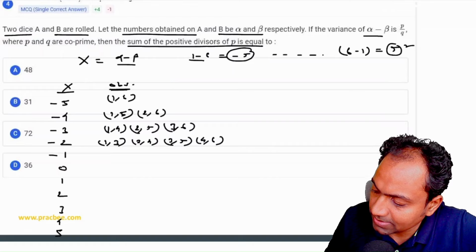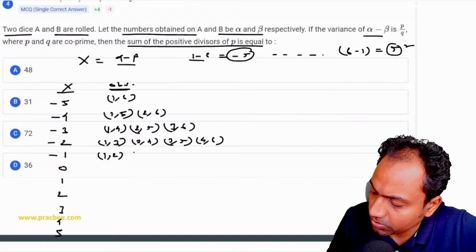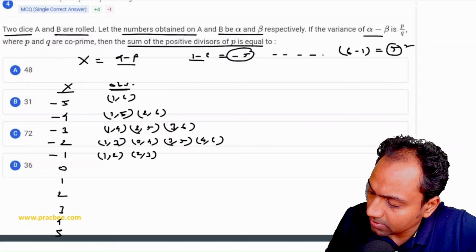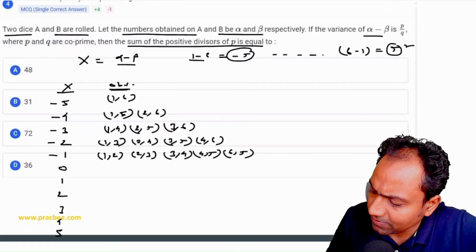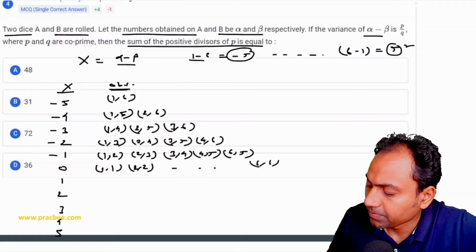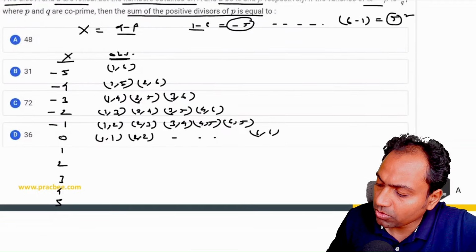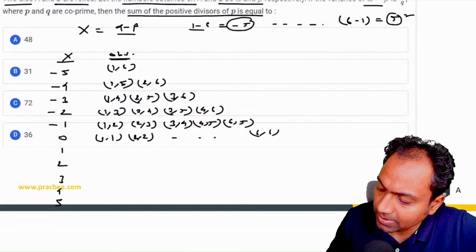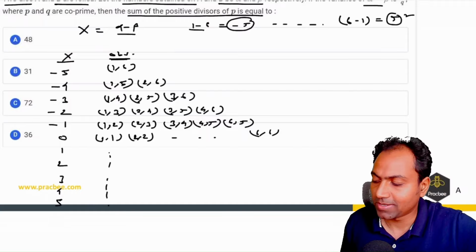So one possibility has increased, and minus 1 can happen if there is a difference of 1. So 1, 2, 2, 3, 3, 4, 4, 5 and 5, 6. We can also count it, and here whenever a doublet occurs, so 1, 1, 2, 2, and this will go up till 6, 6. Now we do not need to write the rest because these will be happening in a similar manner, just reversing the values of alpha and beta.